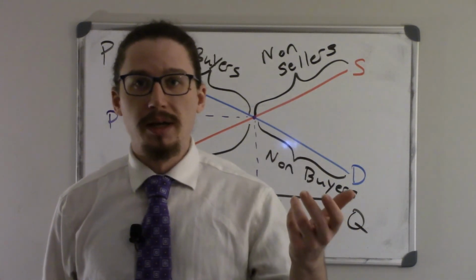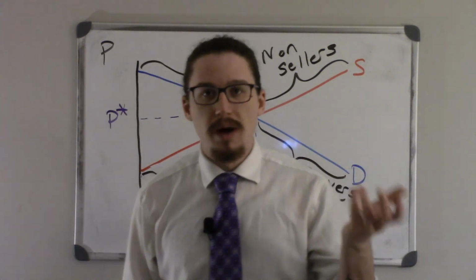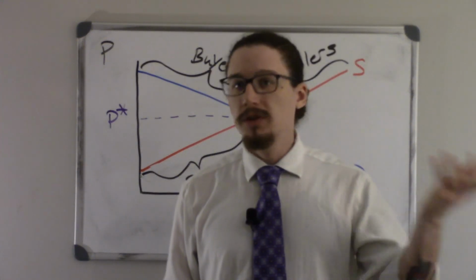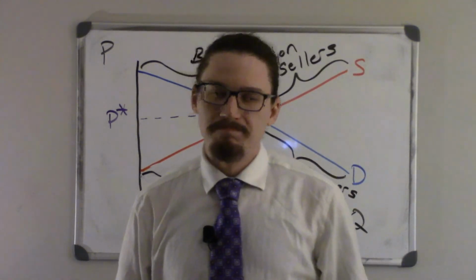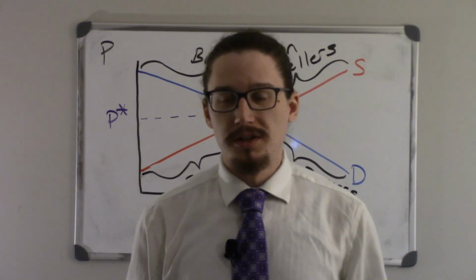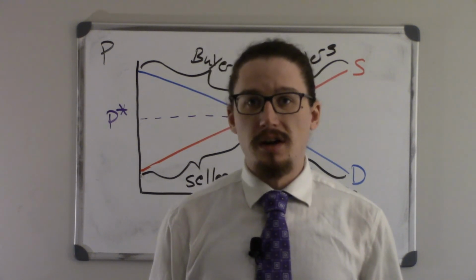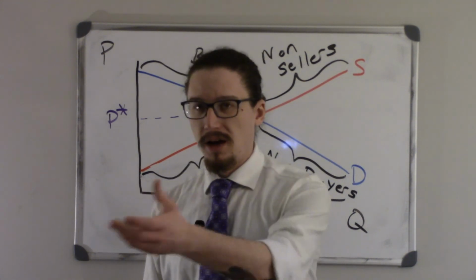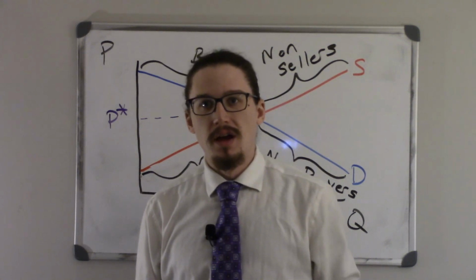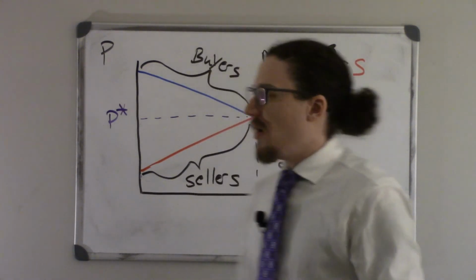The buyers trying to outbid other buyers for goods that they want. Sellers trying to undercut other sellers, or just price their goods so that they're more attractive to consumers rather than the goods of some of the other producers.